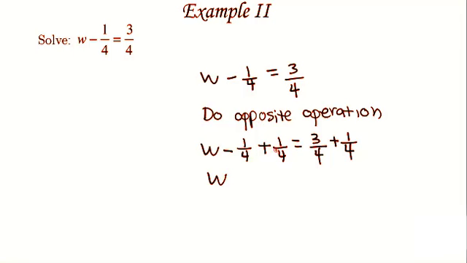So w minus 1/4 plus 1/4, I'm just left with w, equals 3/4 plus 1/4. Since those have the same denominator, I add them together and I get 4/4, which can be further simplified to w equals 1. Again, if I look back at the original equation, I saw that I had w minus 1/4, and since I wanted to isolate the w, I'm going to add 1/4 to turn this into a 0, and then also add 1/4 to the other side so that the equation stays balanced, stays equal.